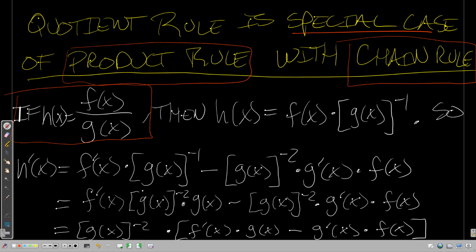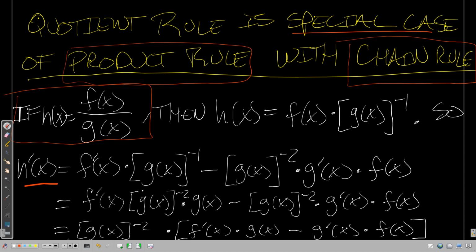It's easy to see. Look, here I have a quotient of two functions. But using that special algebra property that we're supposed to know, that g of x in the denominator can be written with an exponent of -1 and being multiplied by the numerator. Then it becomes a product rule.